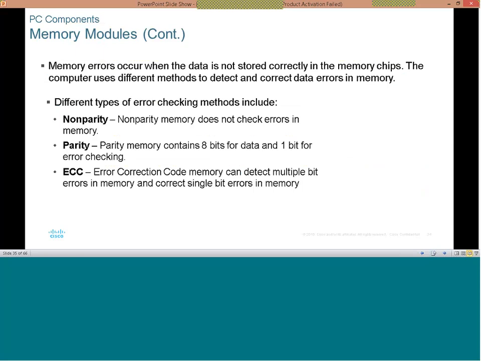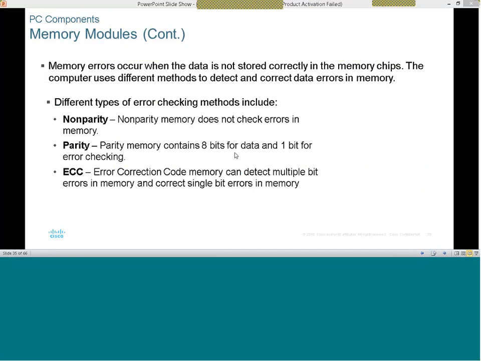And then here, memory errors occur when the data is not stored correctly in the memory chips. So the computer uses different methods to detect and correct data errors in memory. Like I said, when data is not properly saved, it will lead to some error. Different types of error checking methods include non-parity. Non-parity memory does not check errors. That means once there's an error, it's only when you open up that file that you see the error.